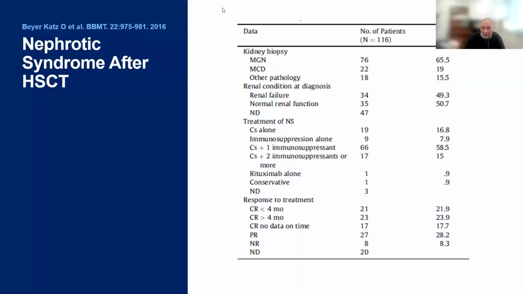Of course, they have a transplant, so there are many other things going on in these patients, and some of them may not respond completely to therapy, but at least we can rescue many of these patients.